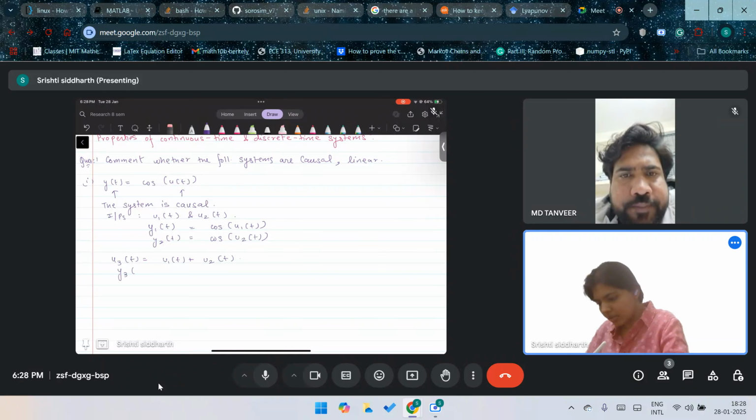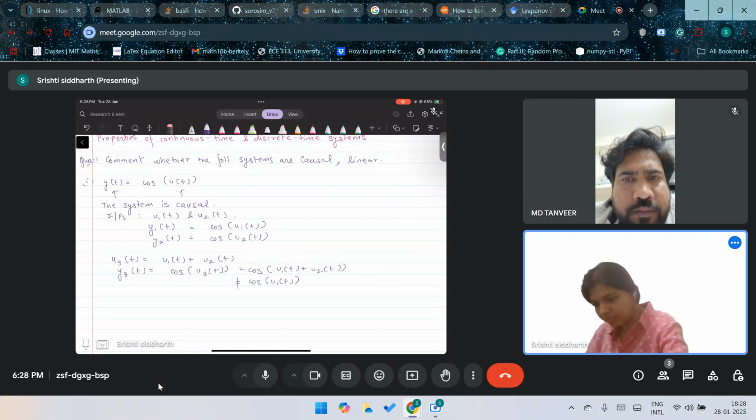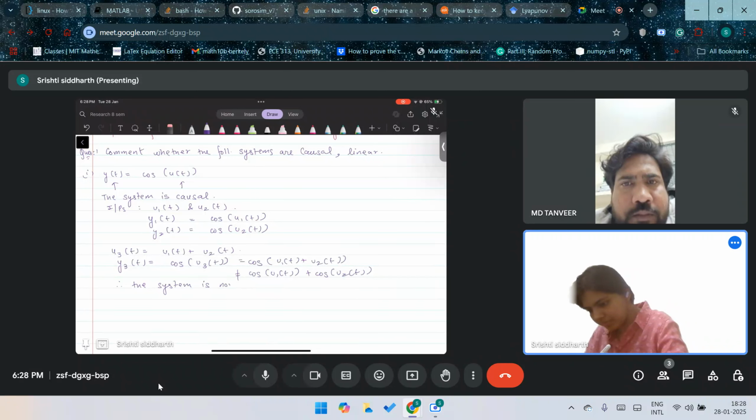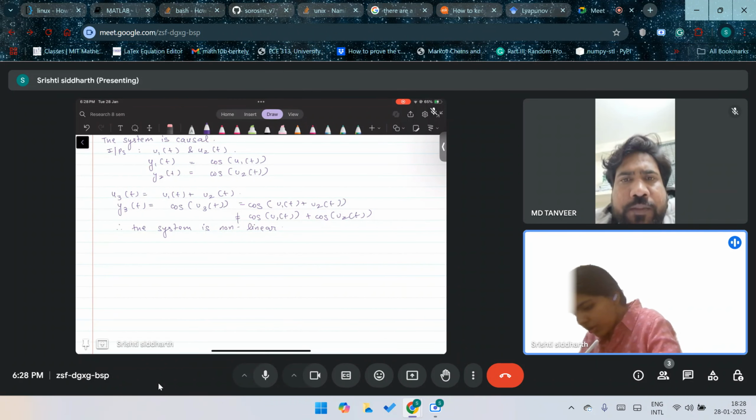Let's check what is cos of u3. You can guess right here that it's a nonlinear system, because this is certainly not equal to y1 plus y2. Therefore we can conclude that the system is nonlinear. This was for the continuous time case.